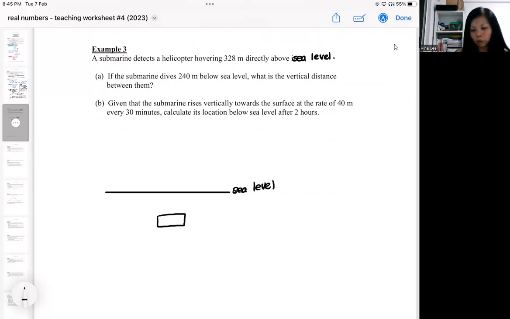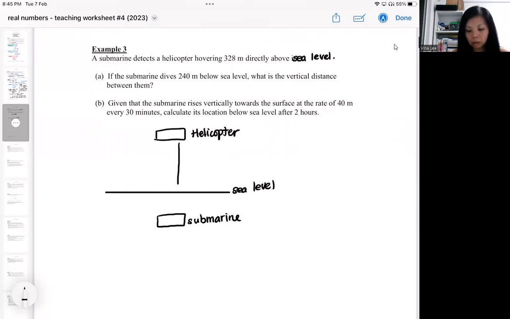Okay, so I'm just going to draw a rectangle to represent the submarine. Okay, and then there is a helicopter on top. Helicopter is in the air, so it's above the sea level. So the helicopter is 328 meter above the sea level. So this part is 328.